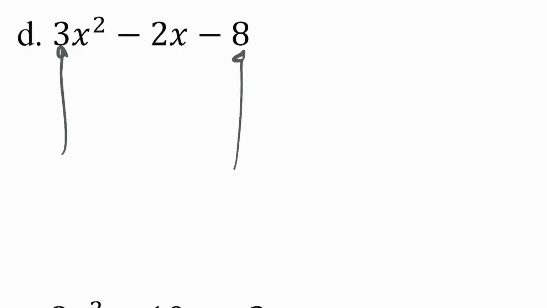Things have gotten a little bit harder. So AC method, remember A is the first coefficient, C is the last coefficient, when you have the quadratic in descending order, x squared, x, and then no x at all, right? So 3 times -8 is -24, okay?